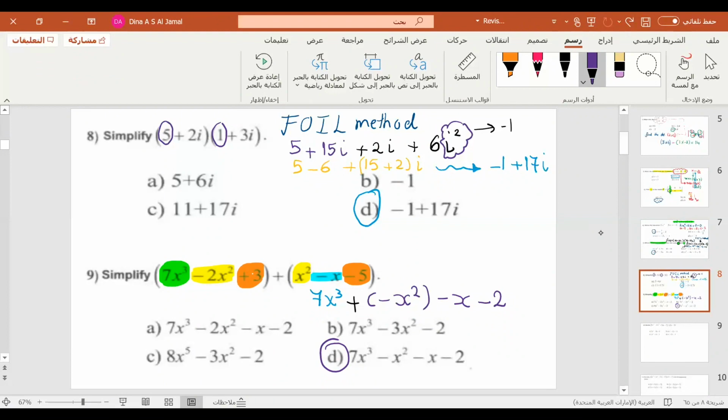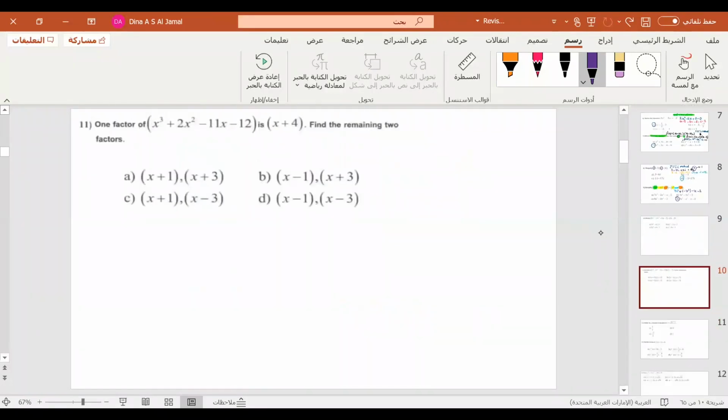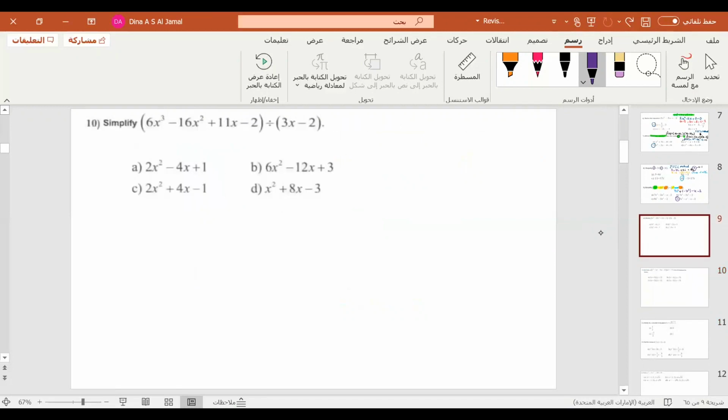Great. Now, let's go to this question. So question 10 and question 11, both of them can be solved whether by long division or synthetic division. So you can choose whatever is appropriate for you.